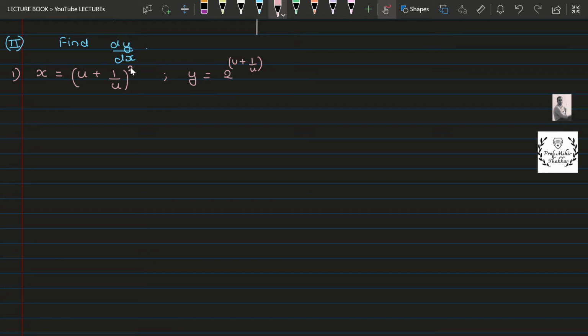Now we observe that x is a function of u, y is also a function of u. So we have to differentiate x with respect to u. So what is derivative of x with respect to u?